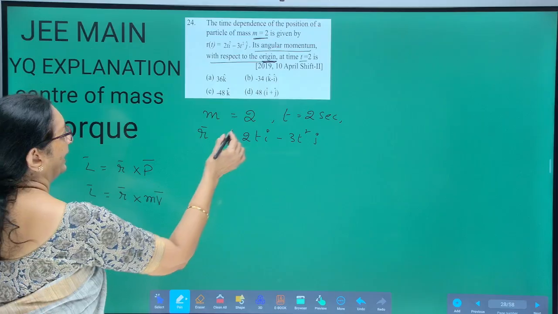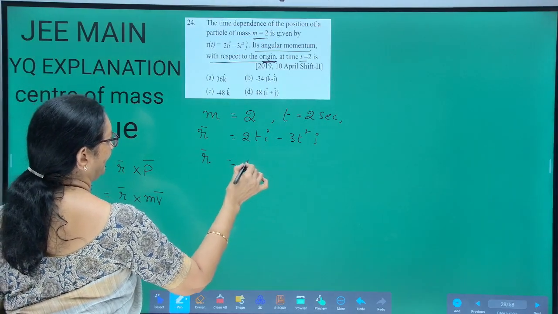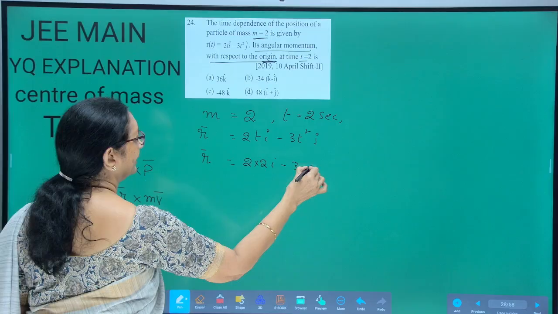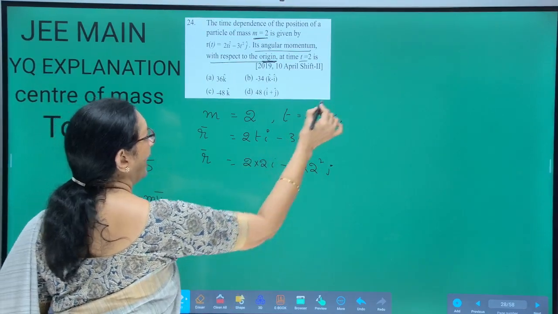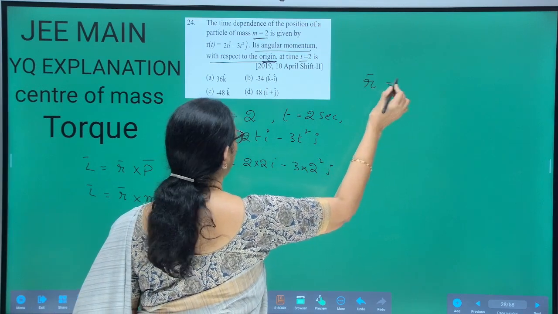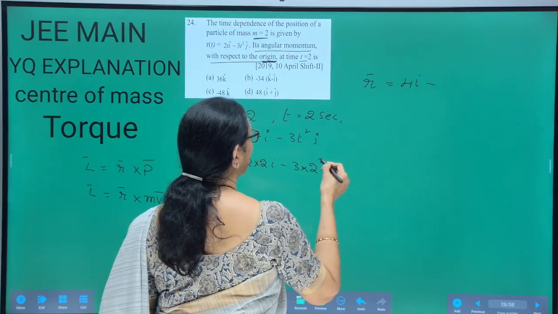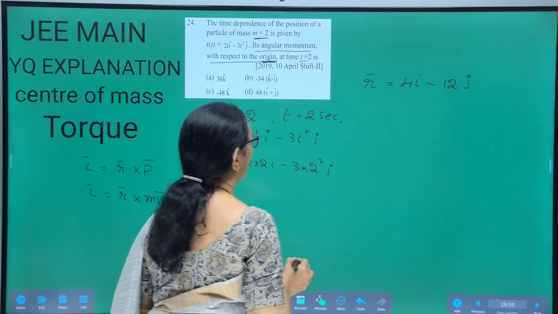So, here at t is equal to 2 seconds, r bar will be 2 into 2 i minus 3 into 2 square j bar. So, r bar is 4 i minus 12 j bar, right.